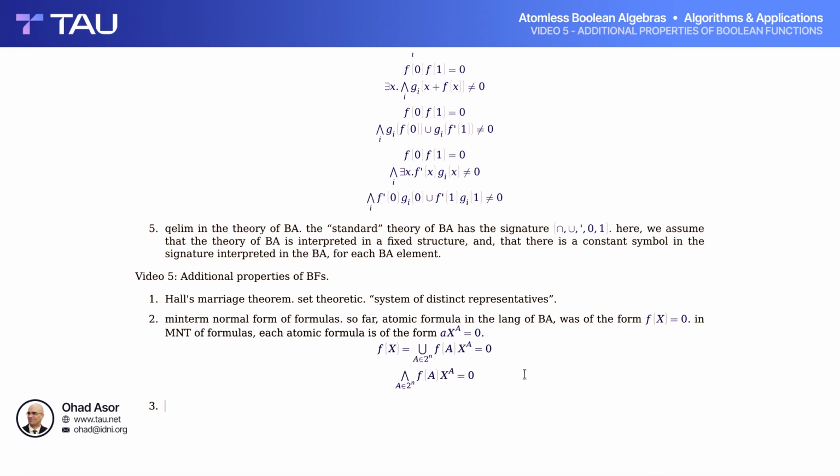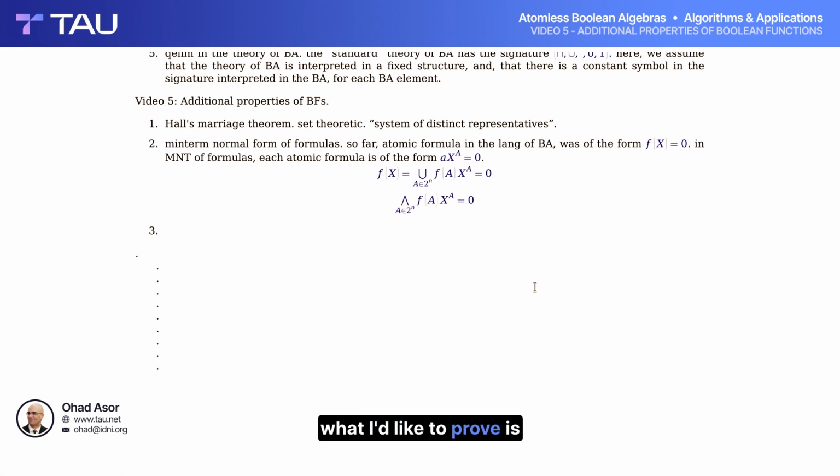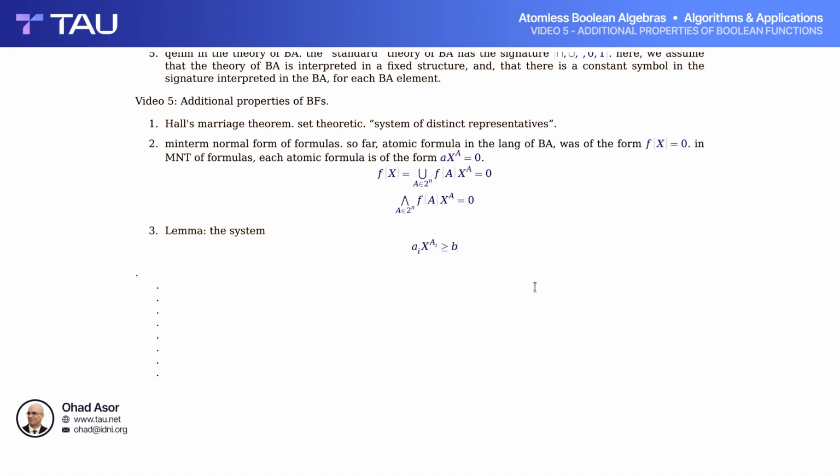Now, what I'd like to prove is the following lemma. The system of inequalities, a_i x to the a_i greater or equal b_i, and as usual, this is a finite system. These i's are taken from some finite index set, and each a_i is a bit string, and this a_i and this b_i are constants, Boolean algebra elements.